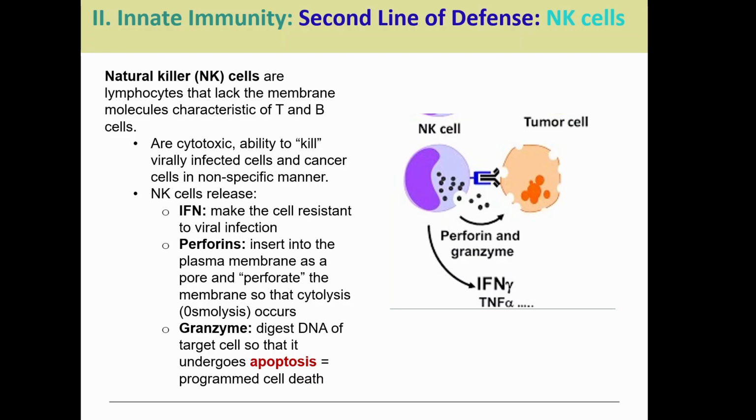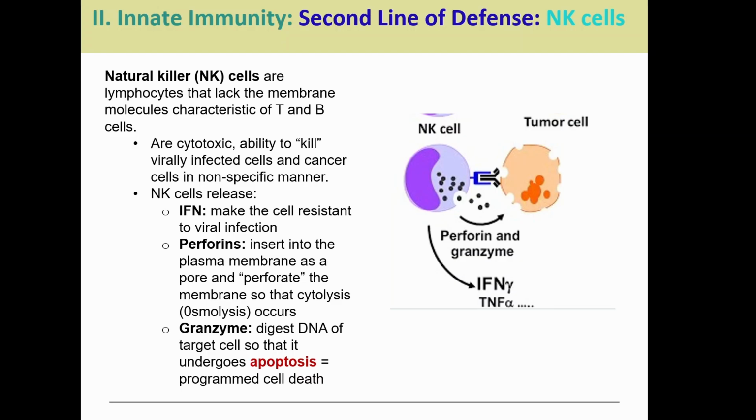We can also use perforins, and you think perforin, the name alone, if something's perforated, there are holes. So this is going to be stuck into a plasma membrane, and it's going to create a hole or perforate the membrane, which again causes osmolysis, causes that cell to flood and then break open because there's so much fluid pouring in. And then granzymes are going to take the nucleus, take the DNA from the target cell, and digest it.